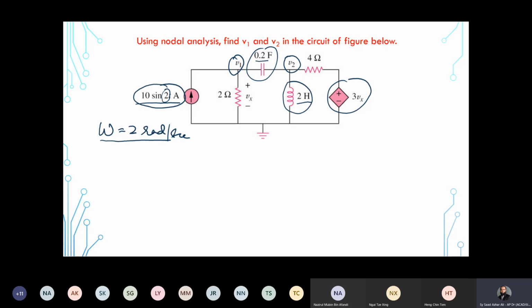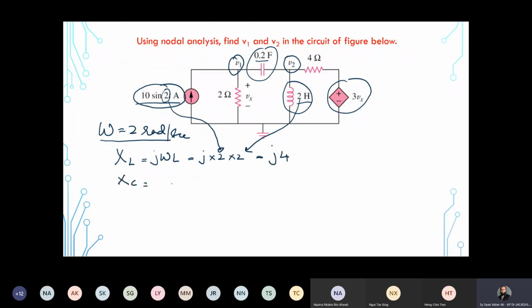We know that XL, we'll be learning it again, will be j omega L, which will in turn be j times 2 times 2. This 2 is coming from here, this 2 is coming from here, and so we get j4.